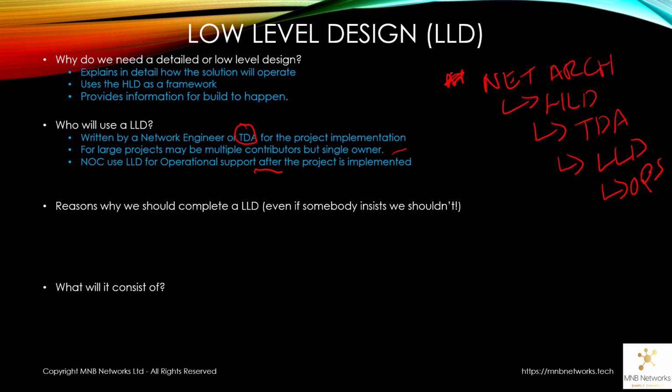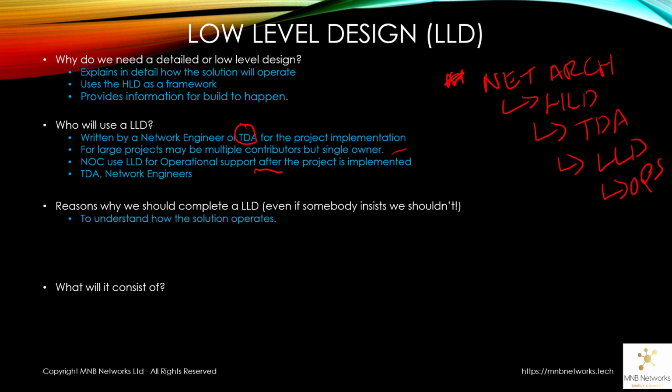And the operations team use that as a troubleshooting document, so they should be able to go to the document and find the section that they need to troubleshoot. So that might be the routing protocol or the SSL VPN, for example, and then they troubleshoot the network based on that document. So in summary, technical design authorities and network engineers.